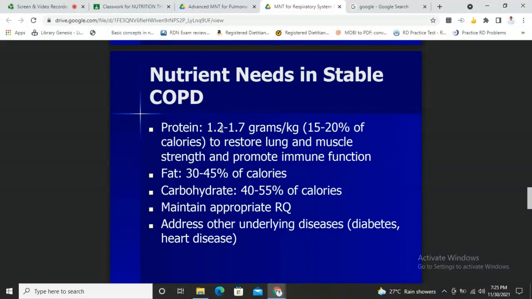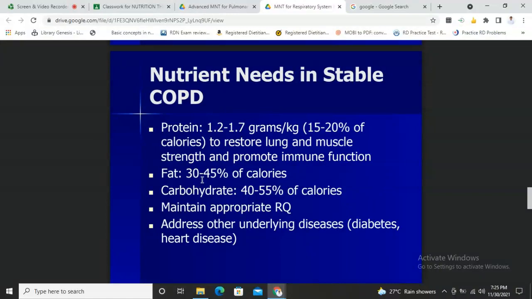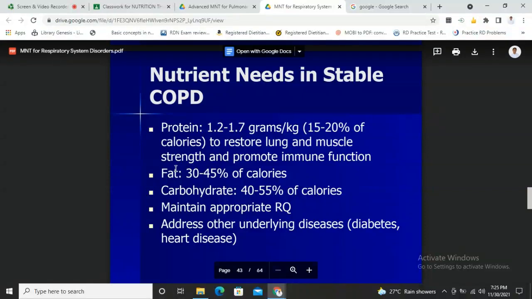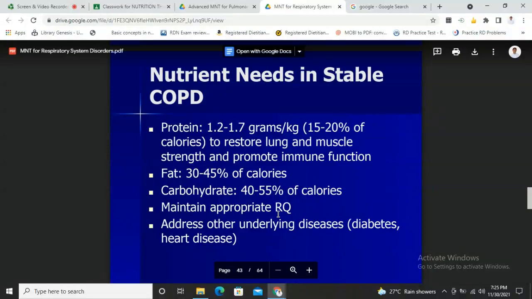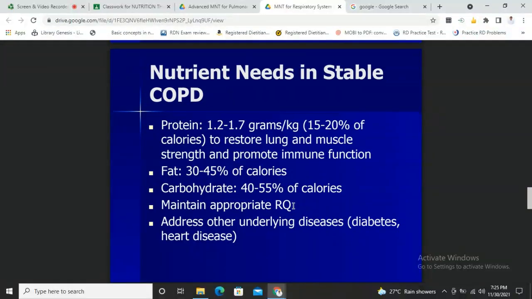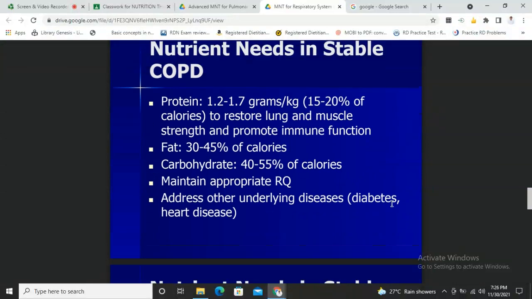For proteins, increase it, to restore lung and muscle strength and promote immune function. Fat is 30 to 45% so that carbohydrates are lower, so that the RQ, the respiratory quotient, is lower. Maintain an appropriate RQ. Address other underlying diseases that may be present.